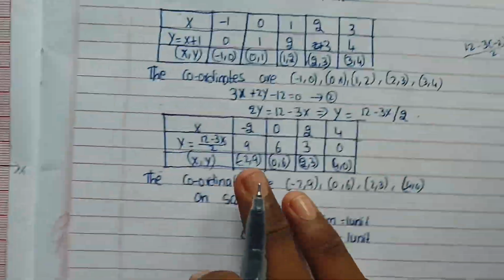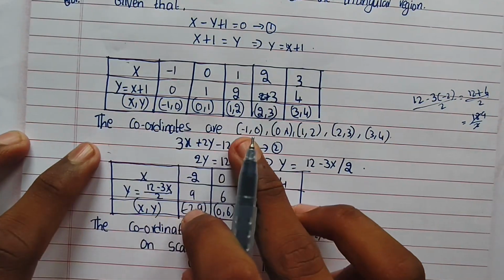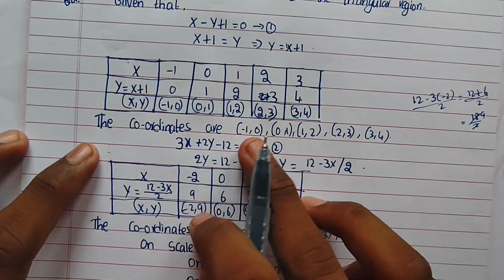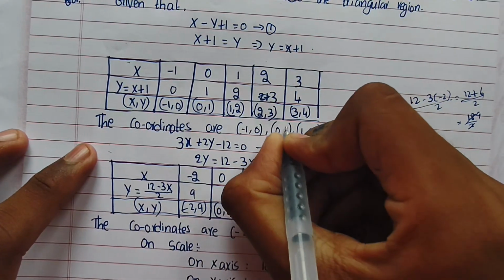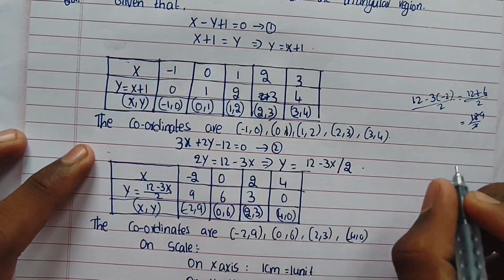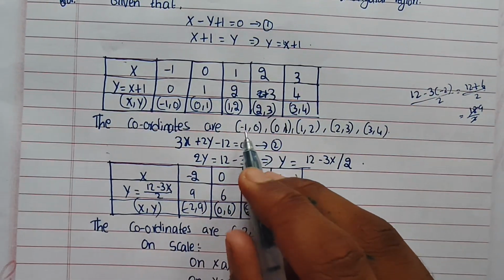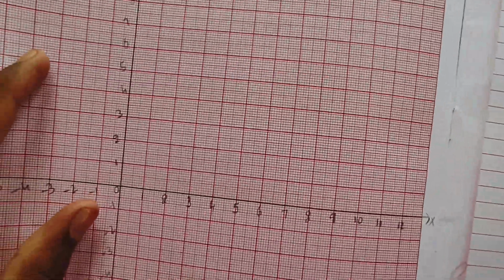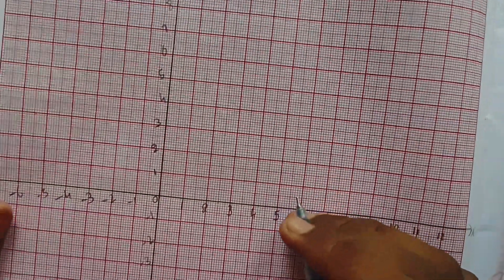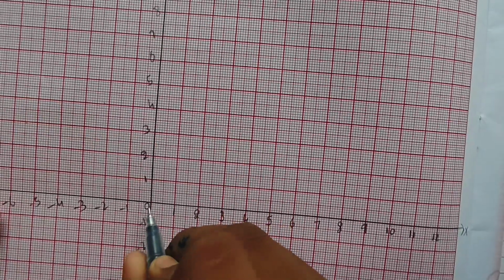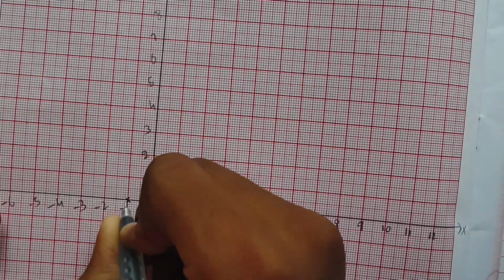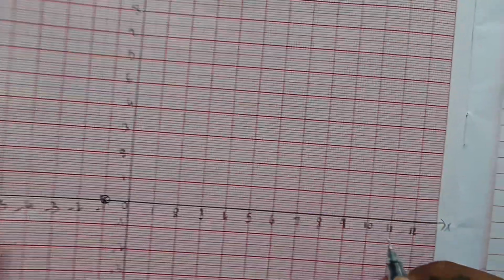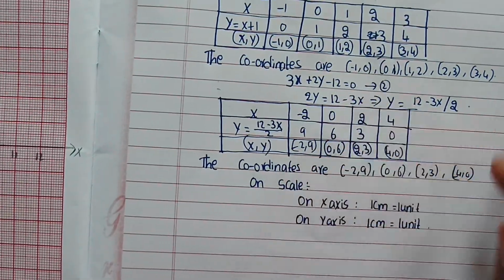What are the coordinates of the first one? The coordinates are minus 1, 0; 0, 1; 1, 2; 2, 3; 3, 4. I am taking first minus 1, 0. So here this is the minus 1 and this is the 0. So the coordinate is located here. After that, 0 comma 1.